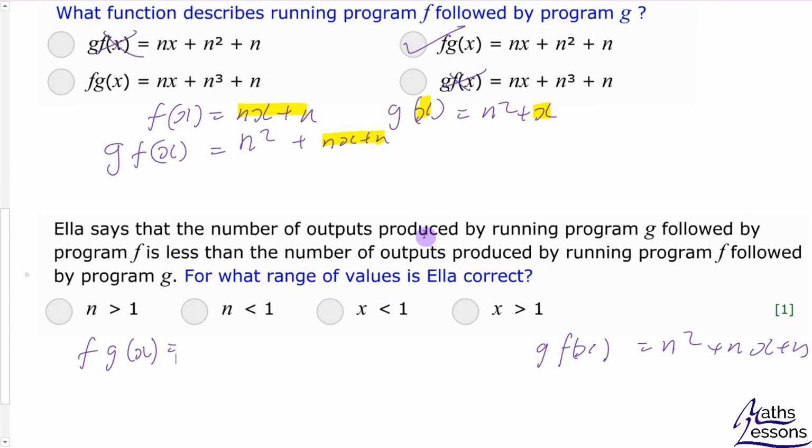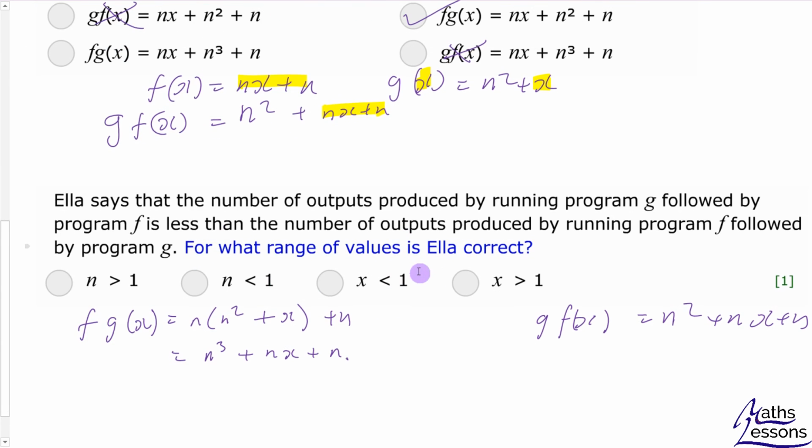So g followed by f, we're doing that and we'll put it into there. So we're going to get n open brackets n squared plus x plus n. So we get n cubed plus nx plus n, which was that one over there.